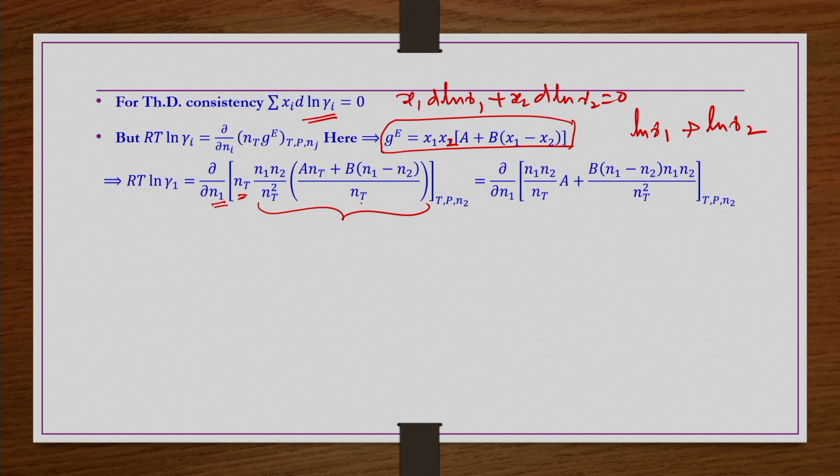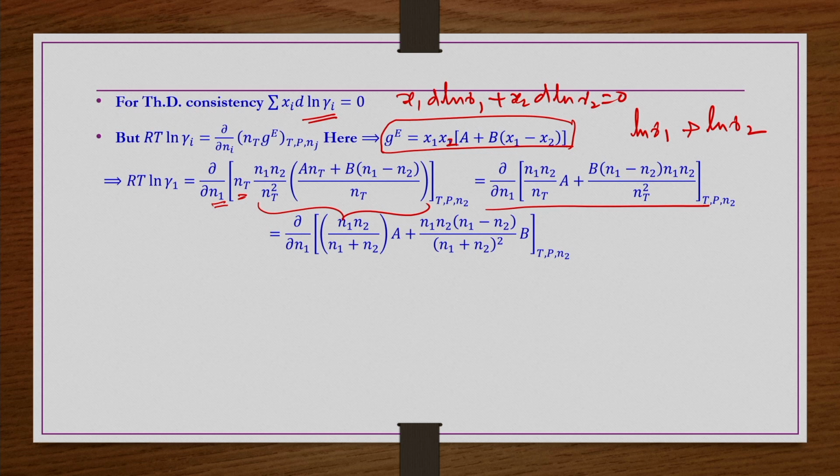Taking the LCM, we have A Nt plus B N1 minus N2 divided by Nt, and in place of x1 x2 we have N1 by Nt, N2 by Nt, so that is N1 N2 by Nt square. Further simplifying, we have dou by dou N1 of N1 N2 times A Nt plus B N1 minus N2, divided by Nt square, at constant T, p, N2.